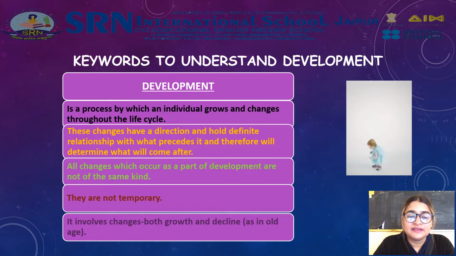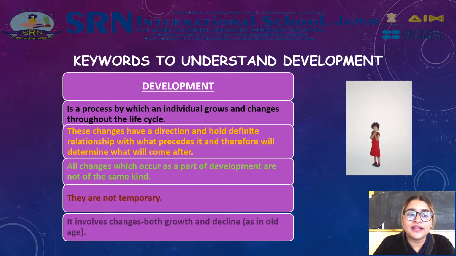Next is development. Now what is development? If I try to make you understand what is development, it's a process by which an individual grows and changes throughout the life cycle.